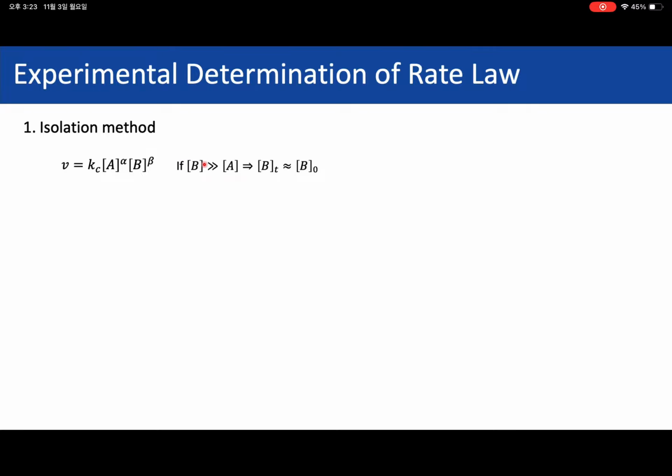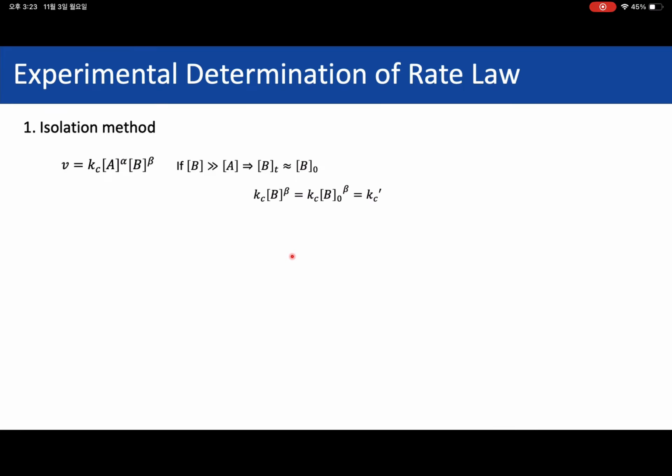If the concentration of B is much larger than that of A, then we can approximate that the concentration of B is constant at its initial concentration B0.